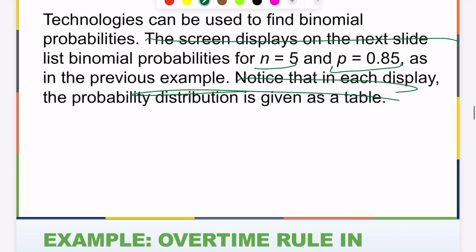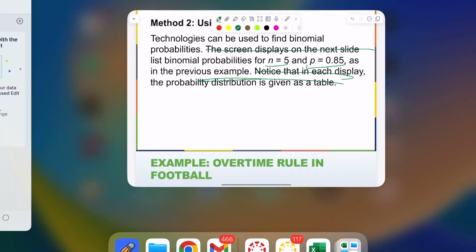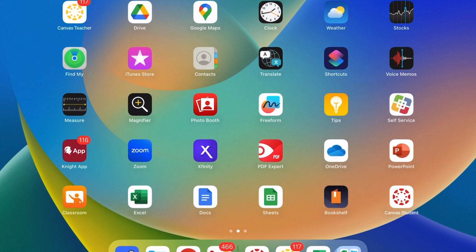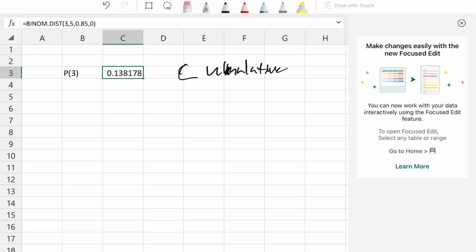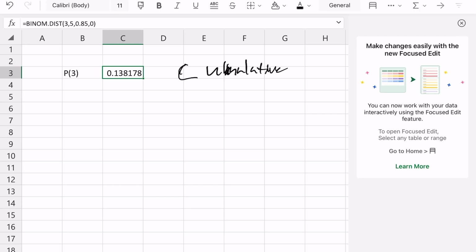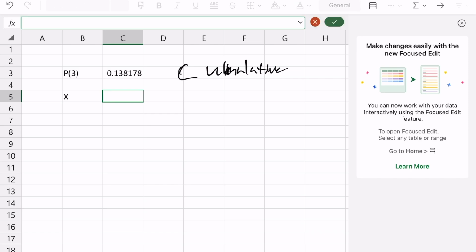So, I could use this to fill out a probability table. Okay, so here's my table. I've got X here, and I've got P of X here.